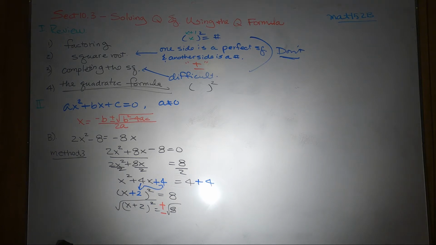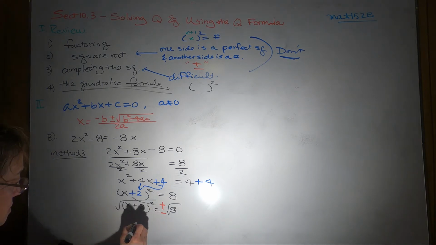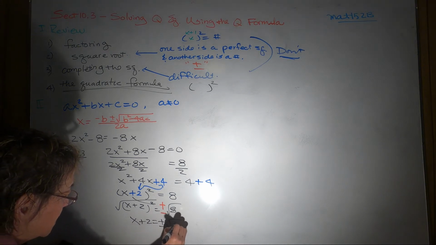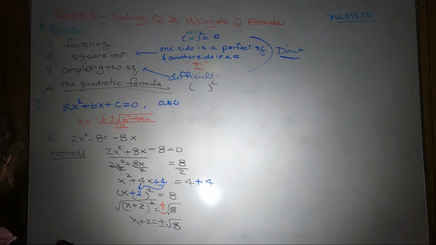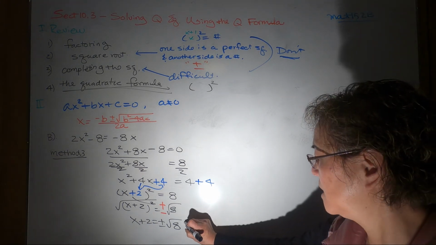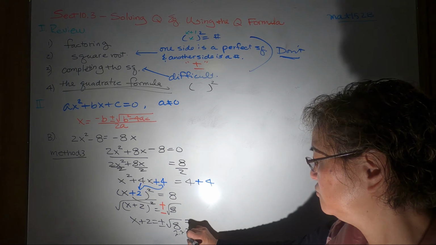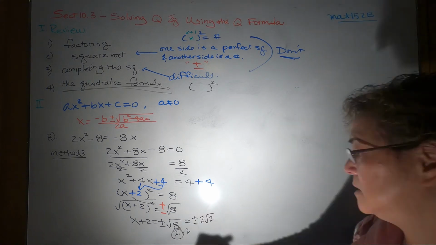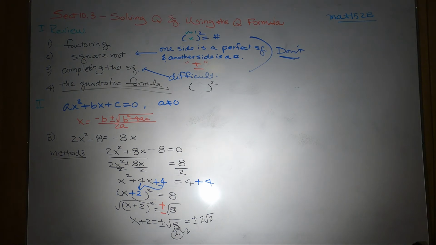Then what do we have? Those go away: plus minus square root of 8. We also need to consider the simplest form for the radicals, same as with fractions. That would be 2, 2, 2, so plus minus 2 square root of 2. You take the root out.